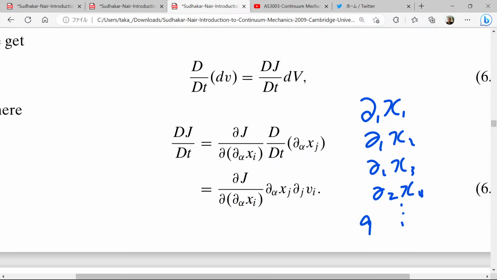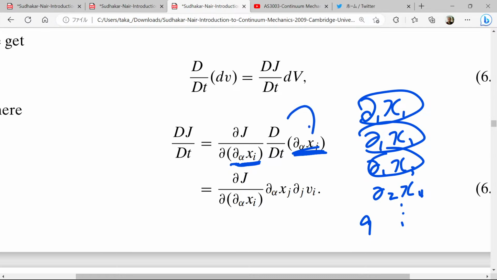So we take each of these as a parameter. So partial derivative of this, then time derivative of this, then this part is here. There was a formula, right? I don't remember this.